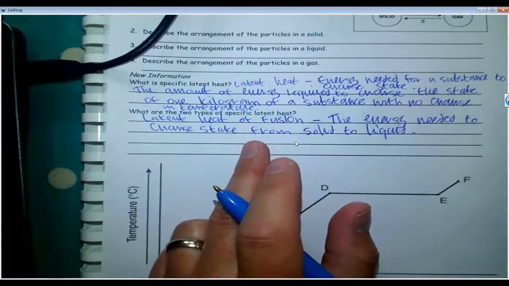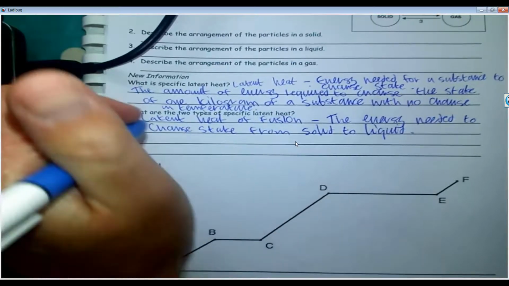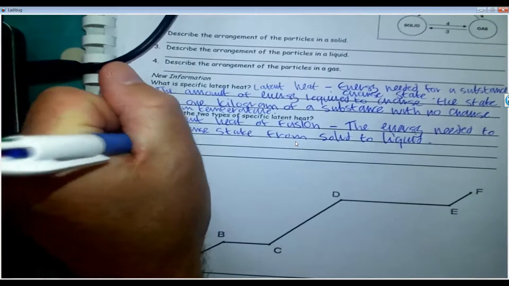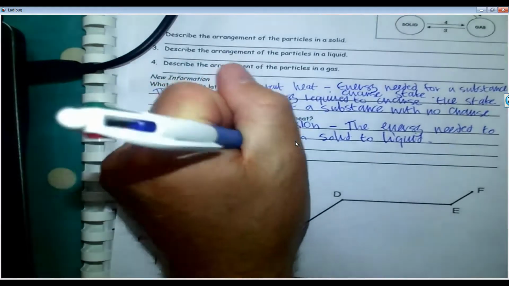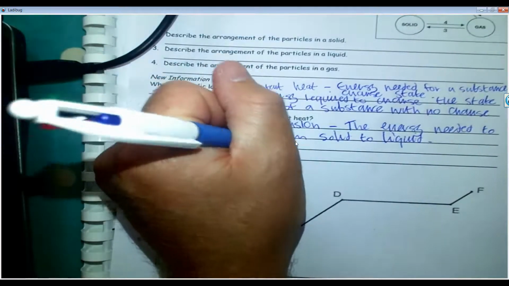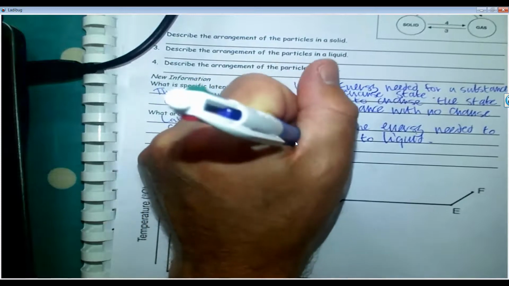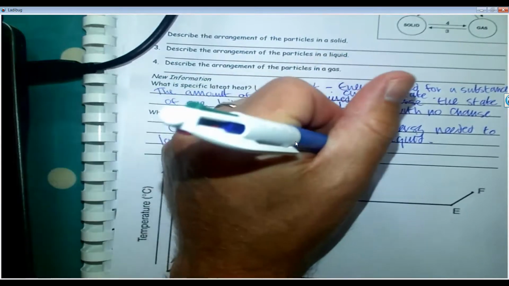So the other specific latent heat is latent heat of vaporization. Latent heat of vaporization.